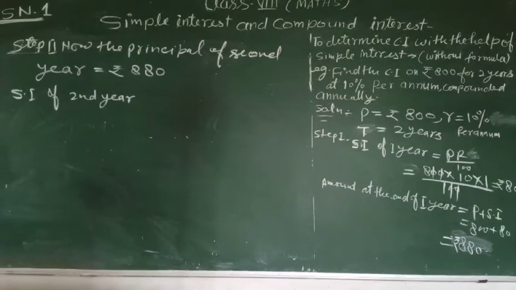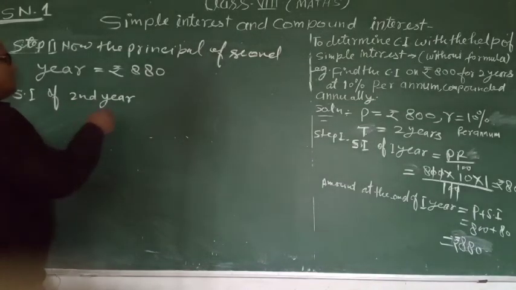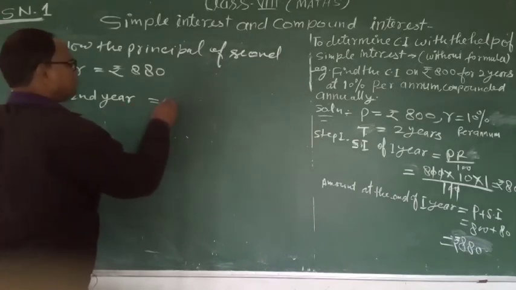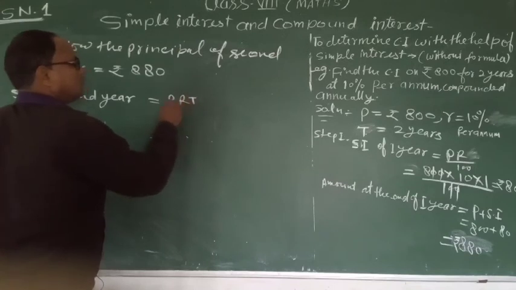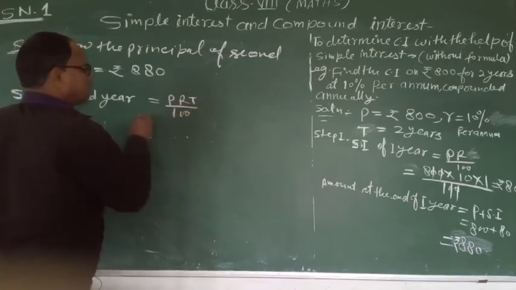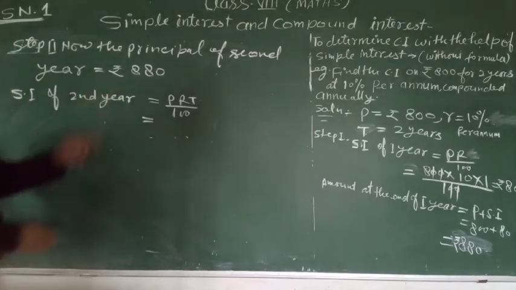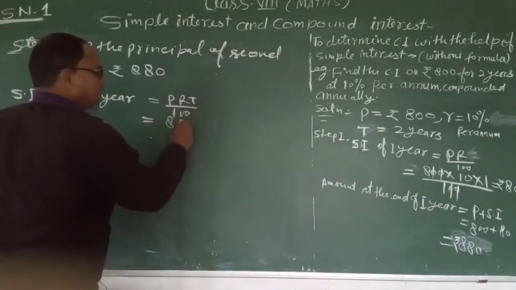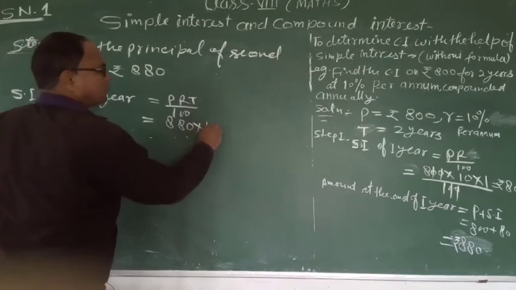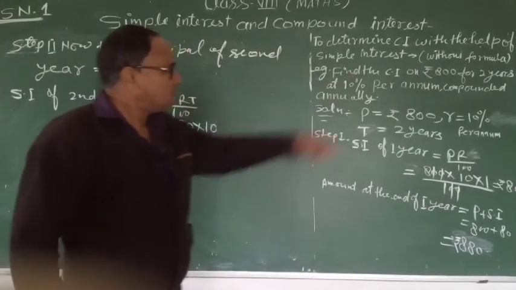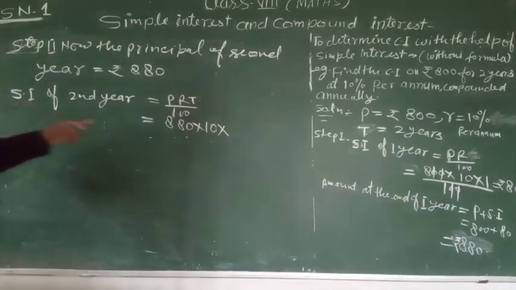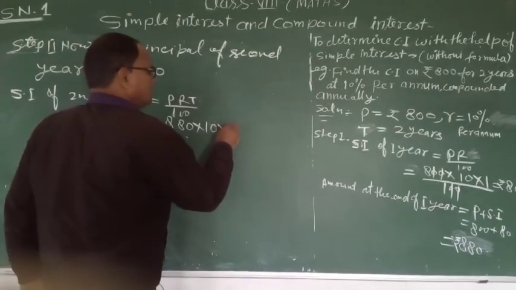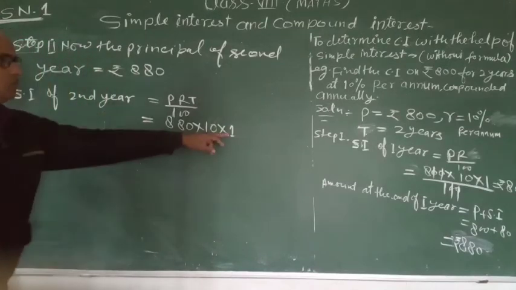SI of second year is equal to PRT by 100. Okay. In this here, P is equal to 880 into rate of percent is fixed 10% into time 1 year. Not write here 2.